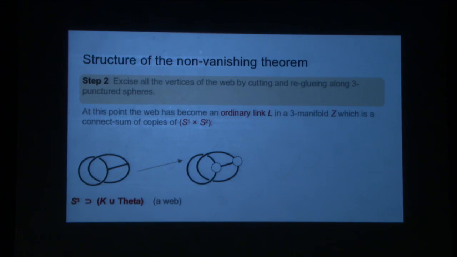So cut out those ball neighborhoods. How does the orbifold change? It becomes an element of order 4, yes. And it's not the same orbifold.